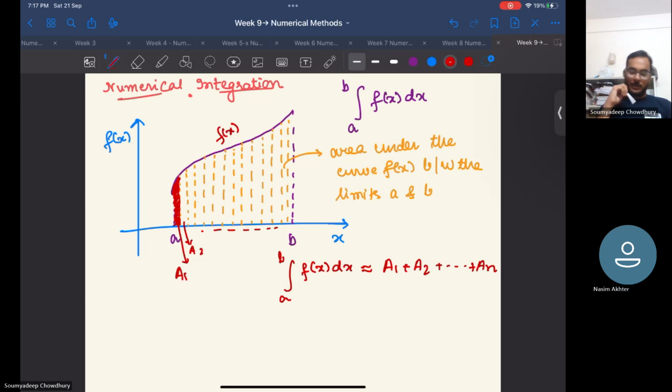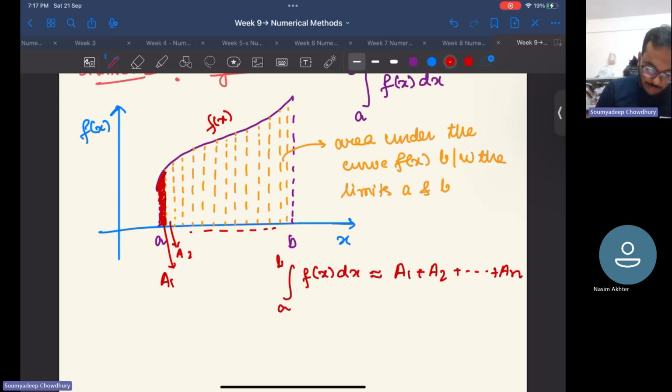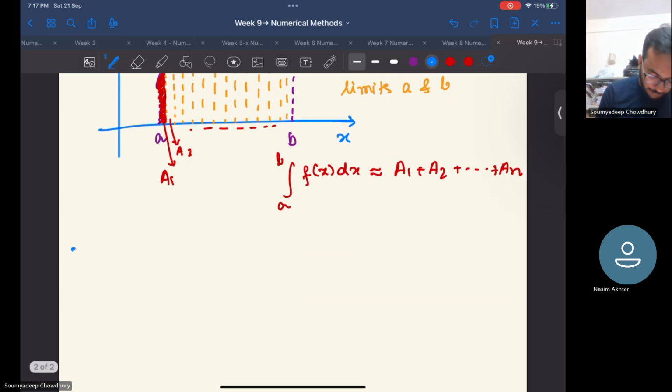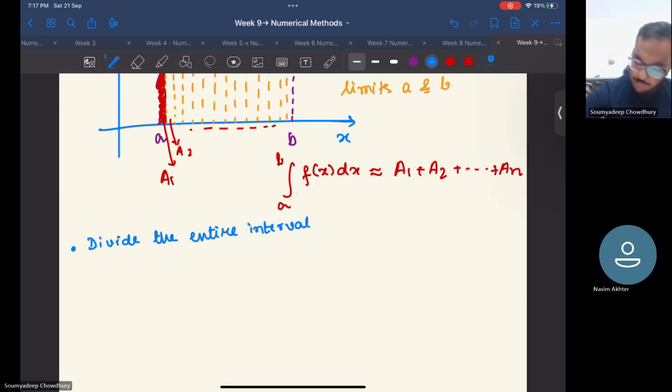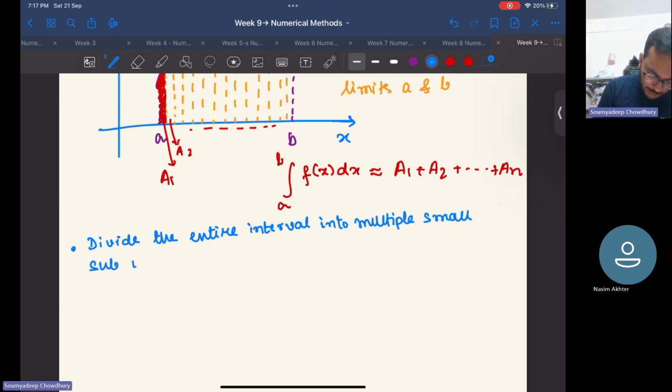Yes, understood. Okay, so I'll just write down these points. First, divide the entire interval into multiple small subintervals.